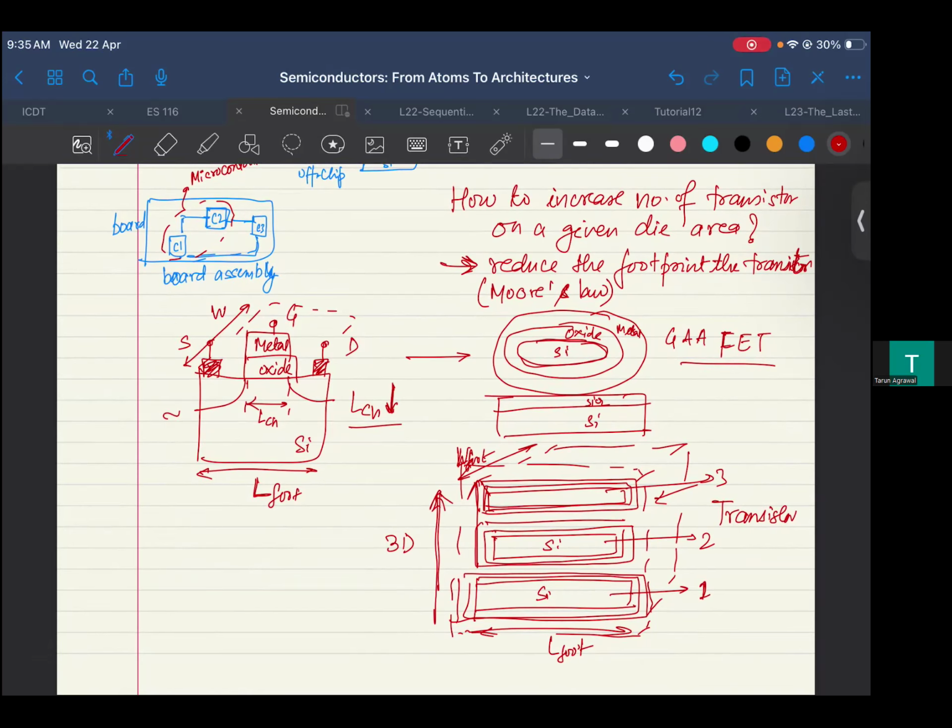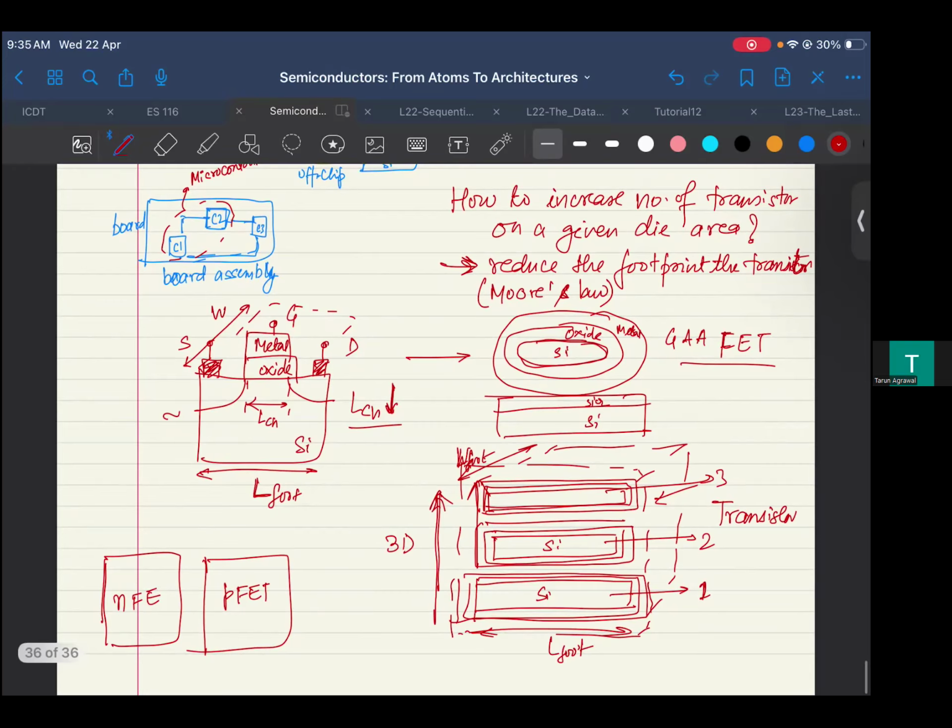in the transistor level. And now people are even talking about where you have, as of now, let's say this is still NFET, right? So as of now, the idea is that the NFET and the PFET are different. So this is, let's say, one FET, either NFET or PFET. Now in future, people are thinking, why make it like this? Can't you make it on top of this?